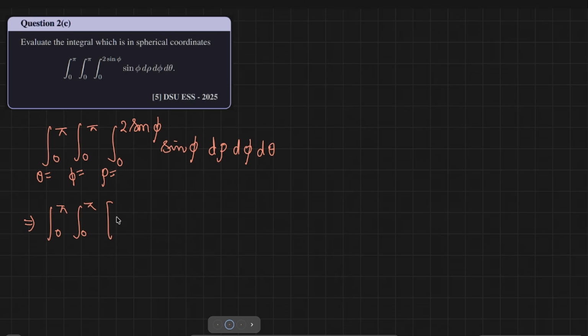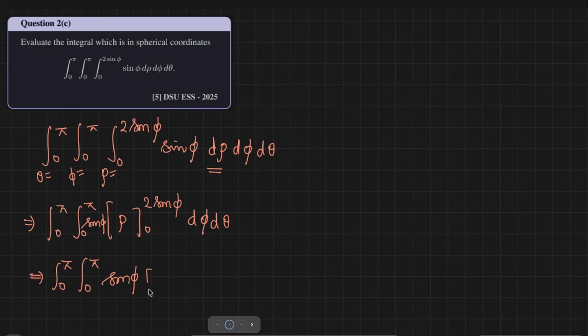The integration with respect to rho is simple. I will take sine phi outside, so this will be rho, with limit from 0 to 2 sine phi, and it will be d phi d theta, from 0 to pi. Simplify this: sine phi into 2 sine phi minus 0, d phi d theta.